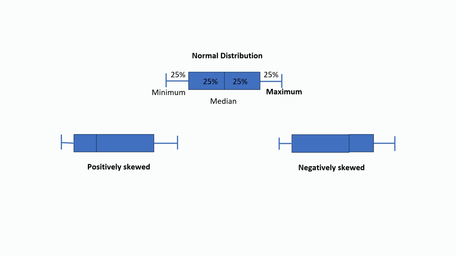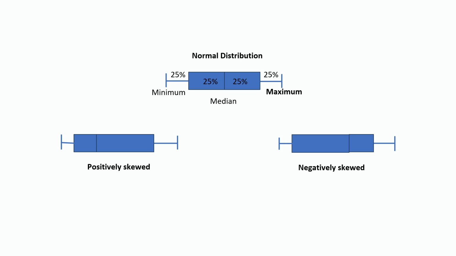So it forms exactly a bell shape. In skewed data, when the peakedness of the curve goes to the left, we can say it is positively skewed, or on the other side it is negatively skewed.